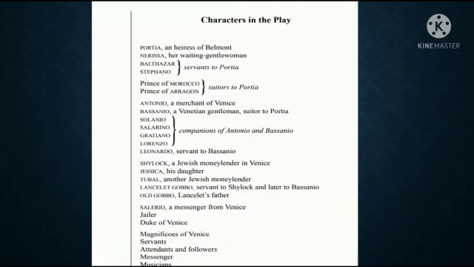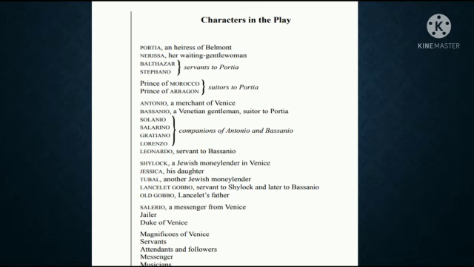Now, coming to the characters present in this play. Portia. Portia is an heiress of Belmont. Who is called an heiress? A woman who is legally entitled to a property or rank on a person's death is called an heiress.